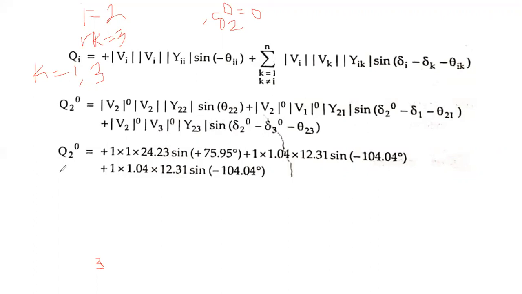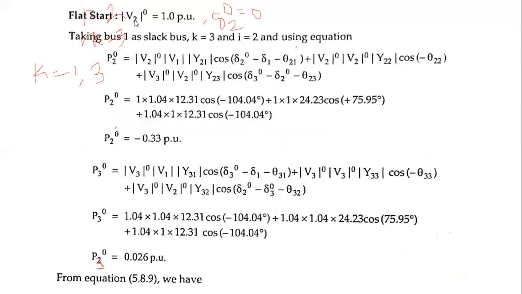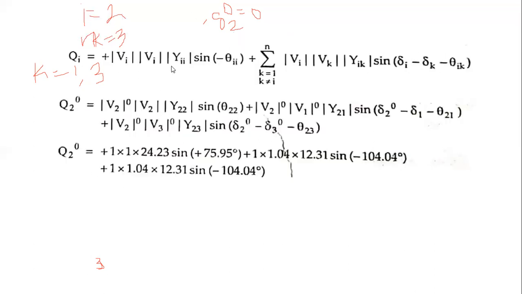Substitute all the values. First of all, V2 power 0. What is that V2 power 0 value? That is 1. V2 power 0 is equal to 1.